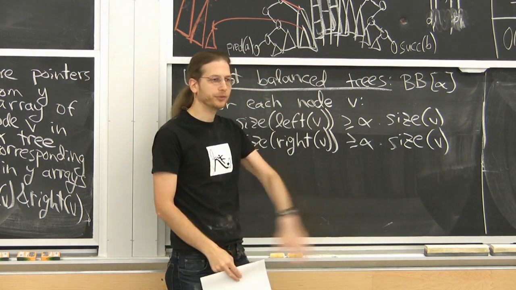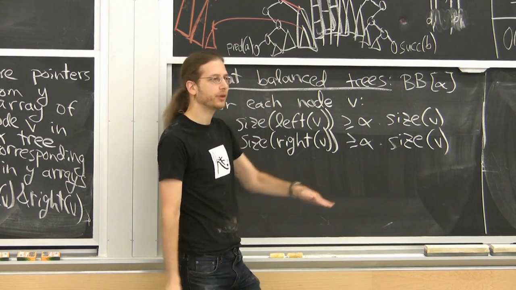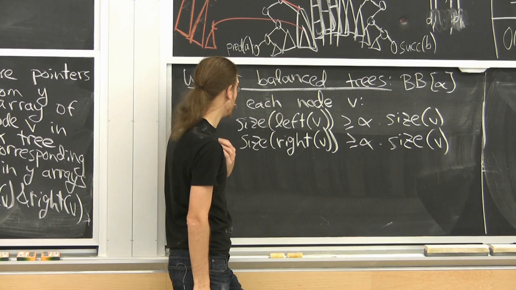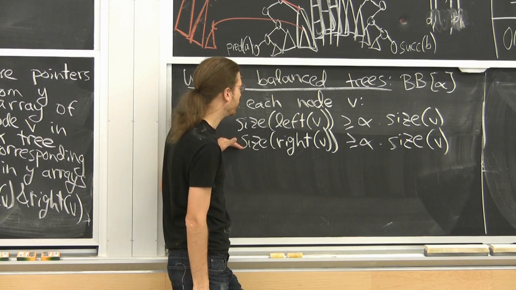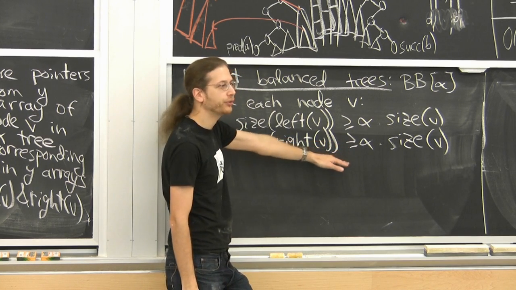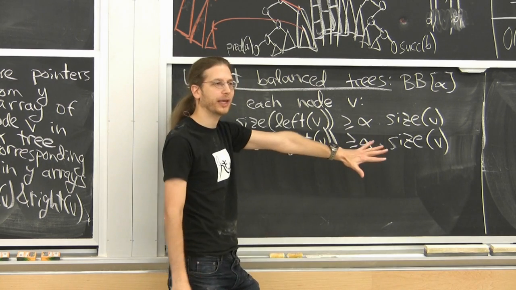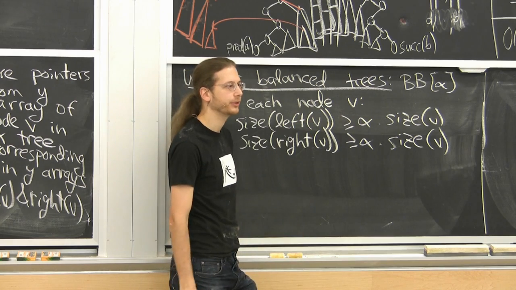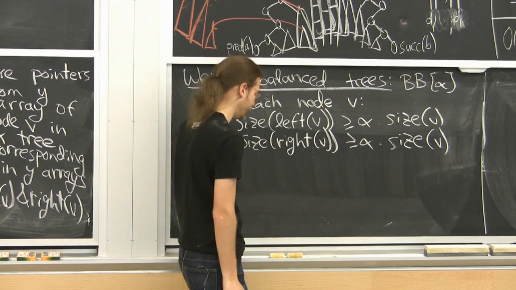It could be the total number of nodes in the subtree. It could be the number of leaves in the subtree. Doesn't really matter. What's alpha? If alpha is a half, you're in trouble because then it has to be perfectly balanced. But if you just make alpha small, like 1/10 or something, any constant less than a half will do.